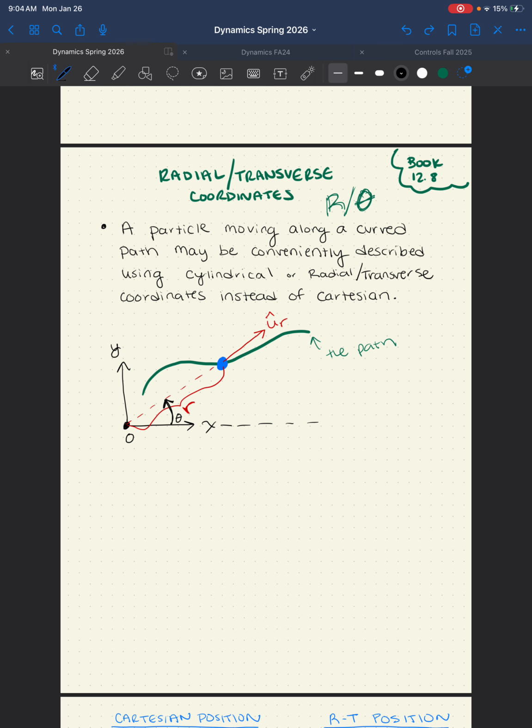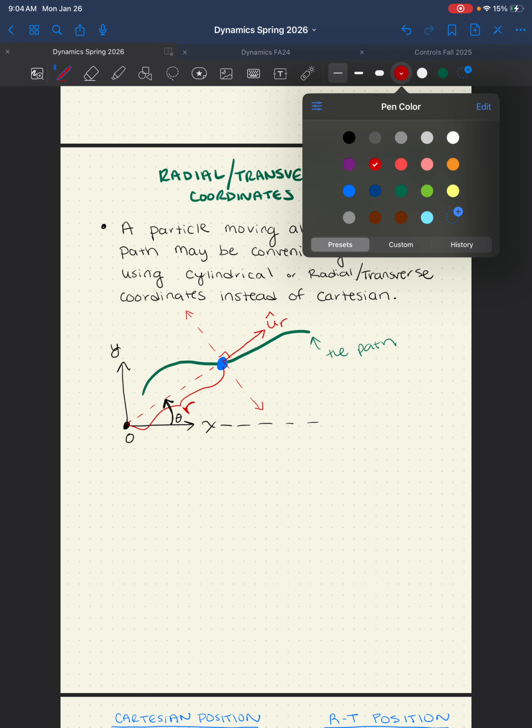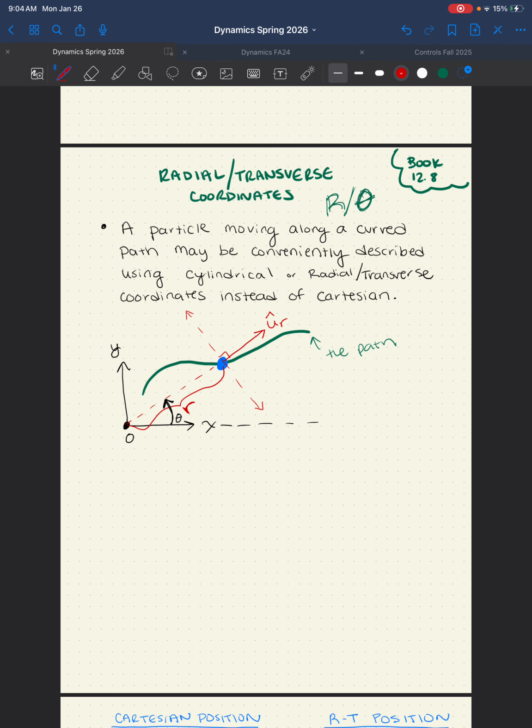For any coordinate system, our coordinate directions are perpendicular to each other. So for our transverse direction, we really only have two options: we can point up and to the left this way, or down and to the right that way. The way to memorize the correct direction is that the u hat theta direction points in the direction of increasing theta.